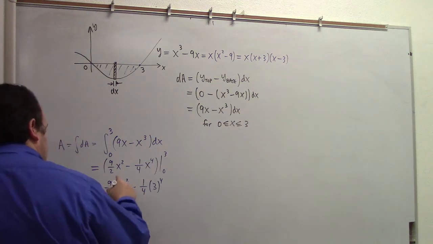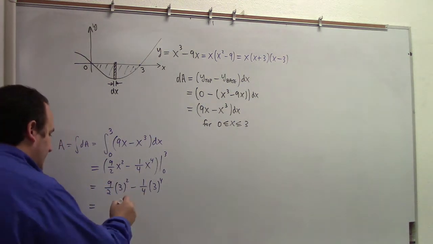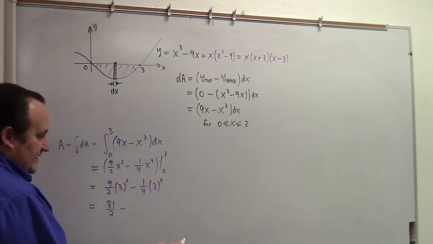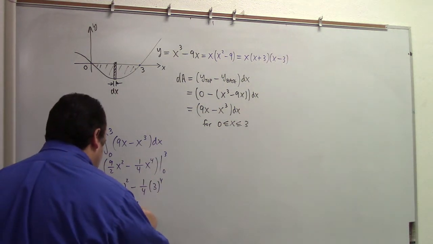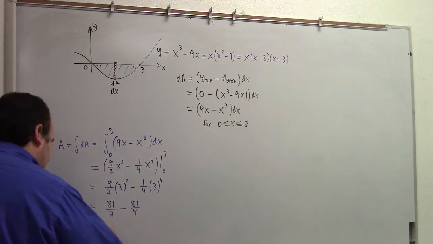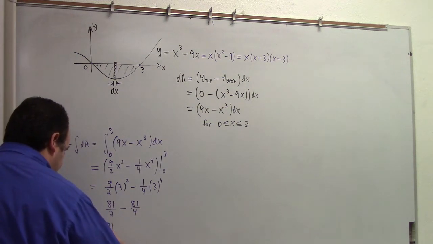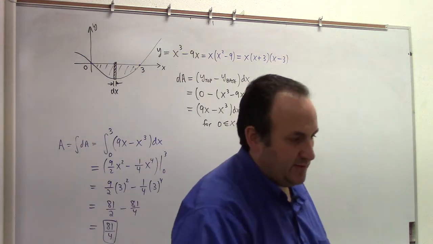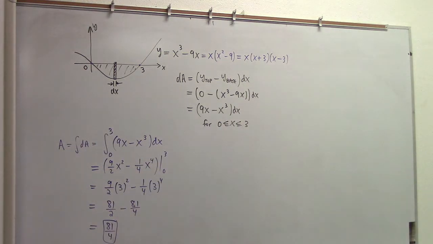So 3 squared is 9, and 9 times 9 is 81. So we got 81 over 2. And 3 to the 4th is also 81, so that's 81 over 4. And so the answer is 81 over 4, because a half minus a quarter is a quarter.